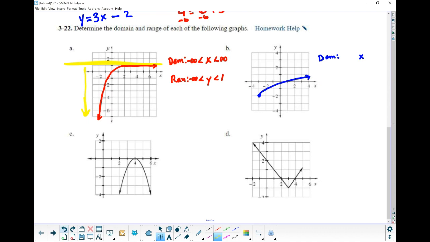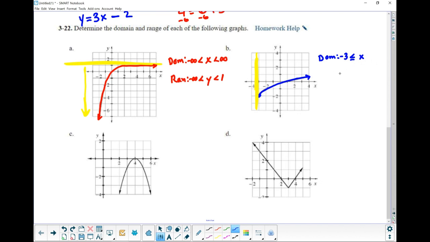What's the furthest you can go? Well, this is as far as we can go, which is that yellow line, and that x is going to be -3. You see that blue dot right there at -3? That means we actually go to -3, so x is greater than or equal to -3, because we actually touch -3.